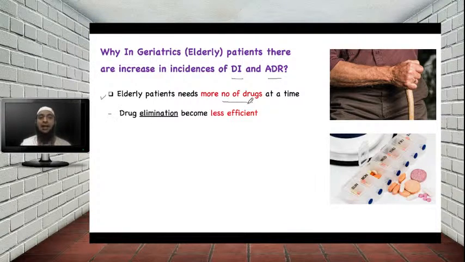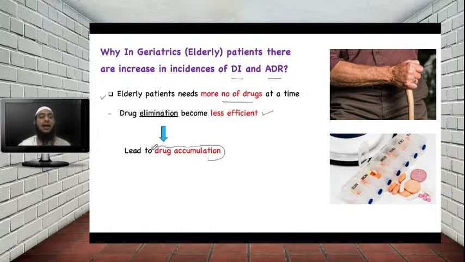Likewise, it is also observed that drug elimination becomes less efficient in elderly patients. We'll see that in detail when we look at the pharmacokinetic parameters which change in elderly patients. But at this instant, just remember that there is a decrease in elimination of the drug in elderly patients. When drug elimination becomes less efficient, it leads to drug accumulation in the body.